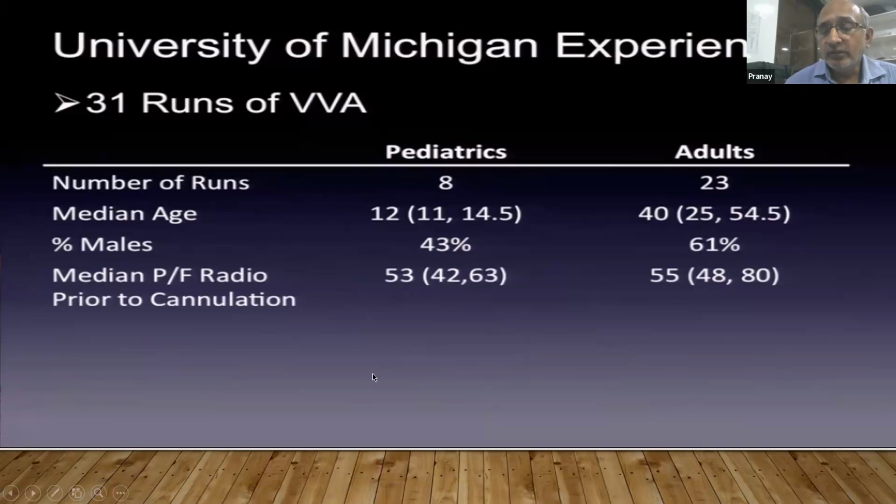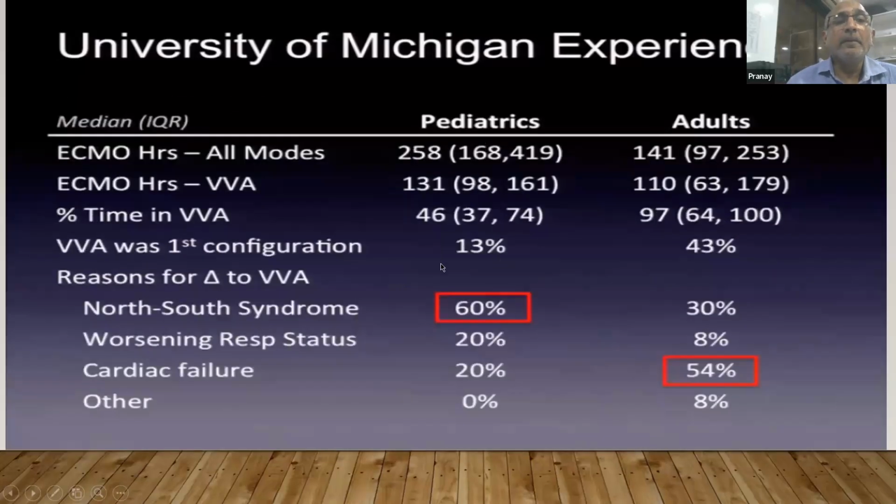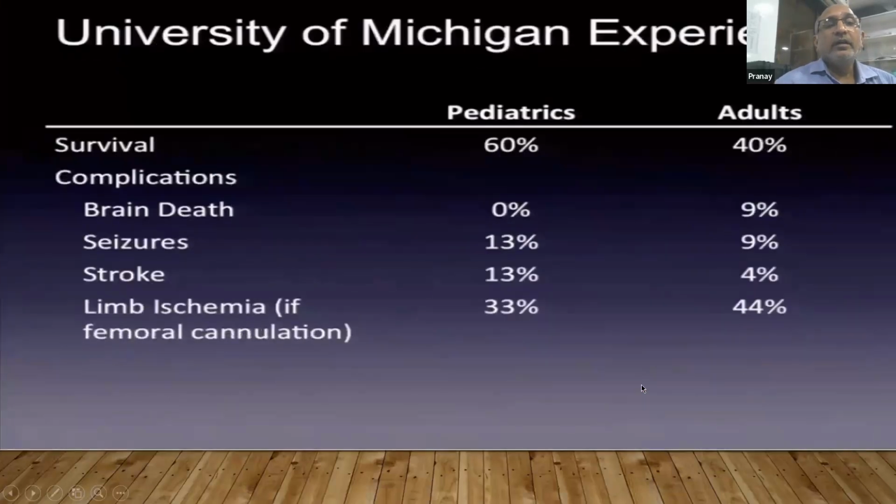And if you see the survival, the reason for hybrid ECMO is usually, most of the time in pediatric cases, not source or differential hypoxia, but in adult patients it is basically a VV ECMO which requires conversion into VAV ECMO because of cardiac failure. And the survival, if you see, in pediatric cases is much better because it was a VA ECMO which was converted into VAV, while in adults it's a VV ECMO which gets converted to VAV, so survival was less in that.